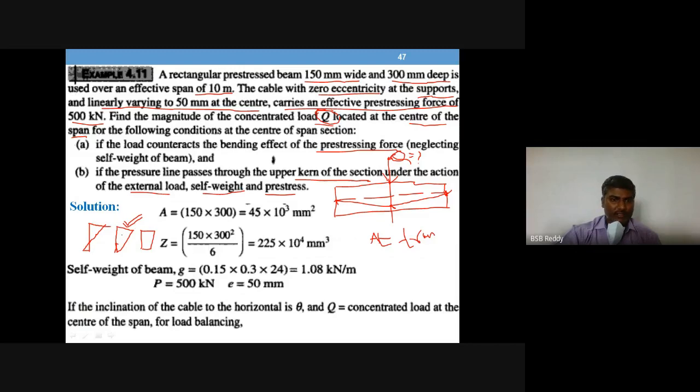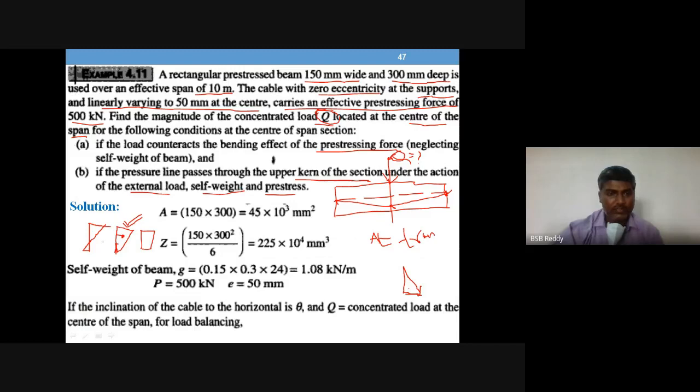In that case, if you locate the CG of the pressure line, whether it is like this or somewhere else, that location is the upper kern point. The same situation applies for the lower kern point also. You can work out that the top stress is zero and at the bottom you shall have the stresses. So that is how you have to work out these kern points.